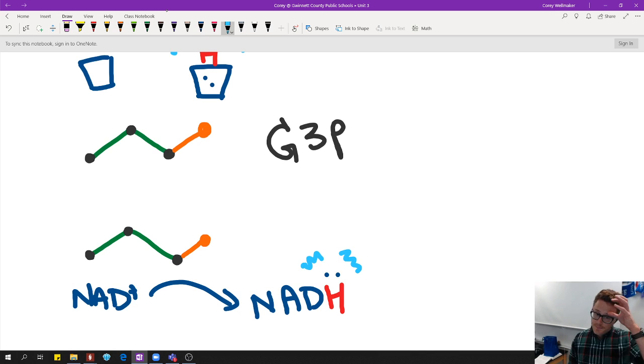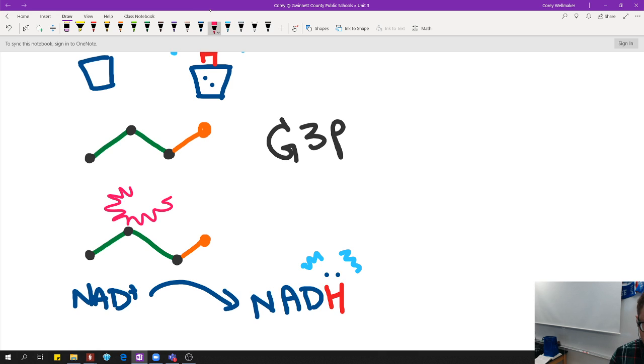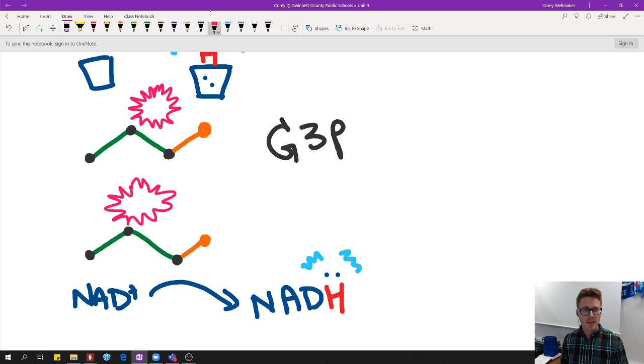Now this is a spontaneous reaction, meaning it releases energy. This is important because this little burst of energy that's released when this redox reaction occurs, because it's highly spontaneous, is actually going to be captured by an enzyme to attach an inorganic phosphate onto G3P.